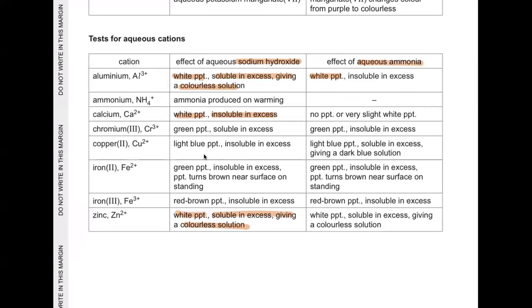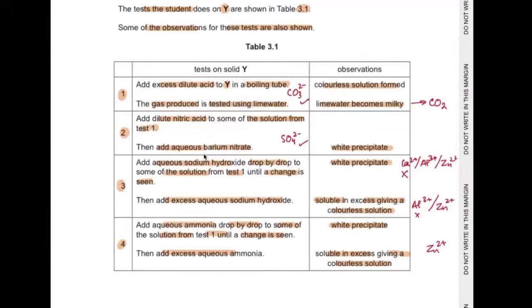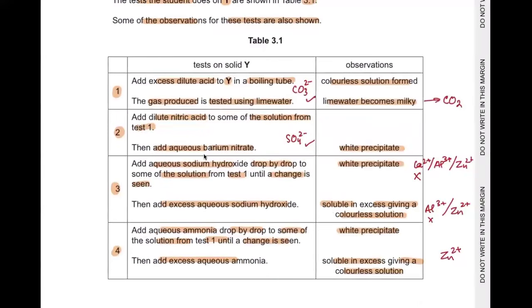White precipitate, which dissolves in excess ammonia, giving a colorless solution. So aluminium is also excluded and we are left with the zinc ion. So there is a zinc ion present in the solution. Is this clear to all of you? Yes, sir. So we have identified the positive ion, which is zinc ion, and the negative ions present are sulfate and carbonate.